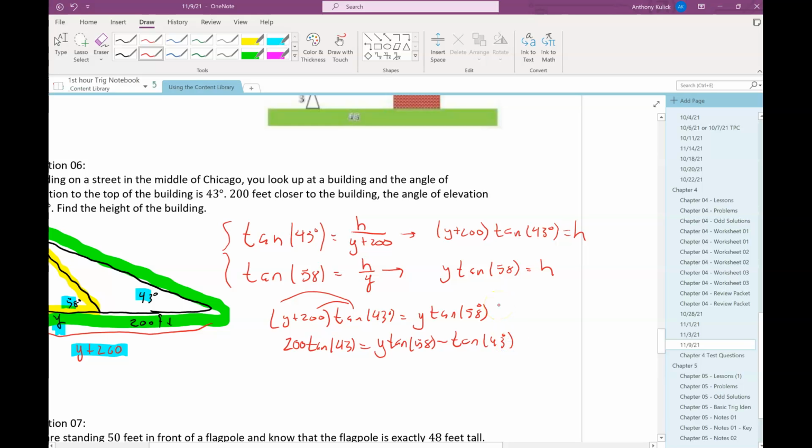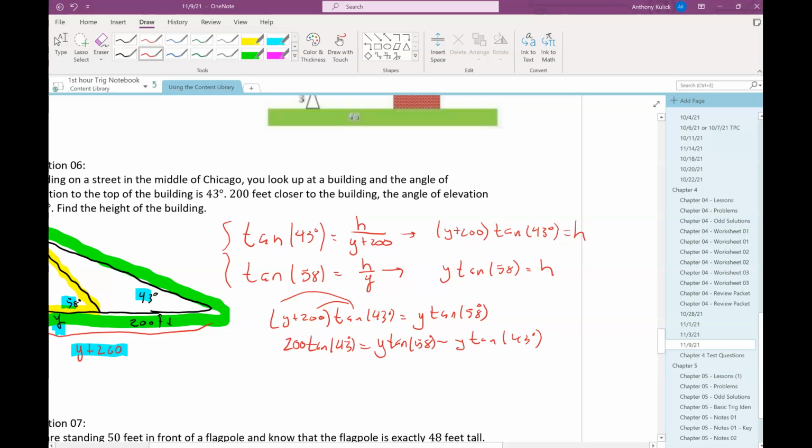So I distributed the tan 43 and then subtracted y times tan 43 from both sides. So far, so good?